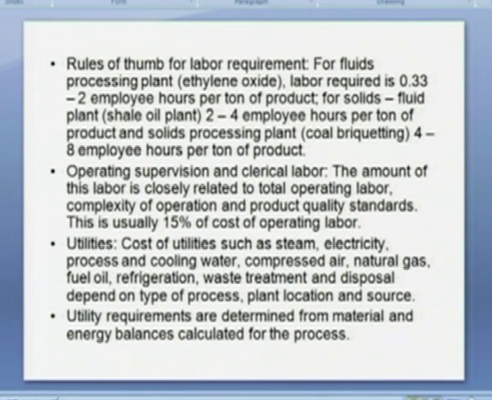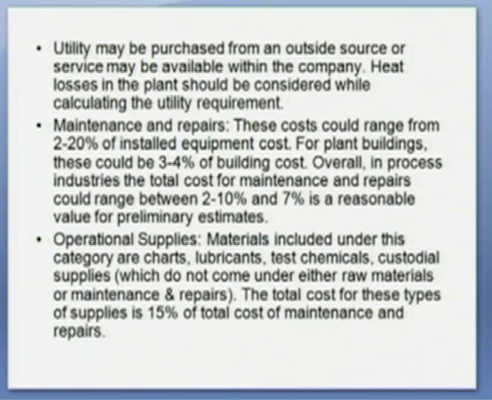Then utilities, the cost of utilities such as steam, electricity for the process, then cooling water, then compressed air, natural gas, fuel oil, refrigeration, waste treatment and disposal, they depend on the type of process, the plant location and the source. The utility requirements are determined from the material and energy balance calculations. Utility may be purchased from outside source, or the service may be available within the company itself.